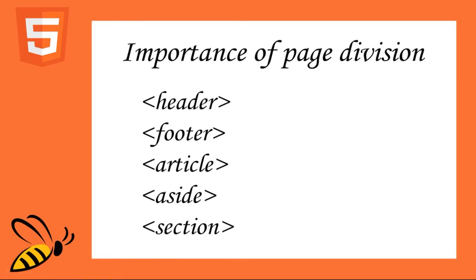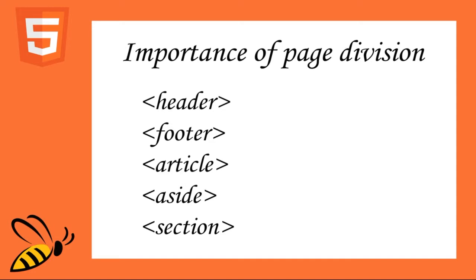Now we are going to see what page division is and why page division is important. Page division is nothing but, in the first video I showed you about the div section. A div section is a group of work under a head name.